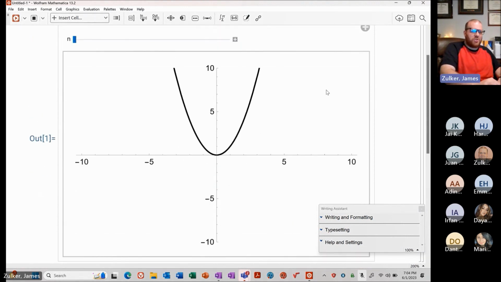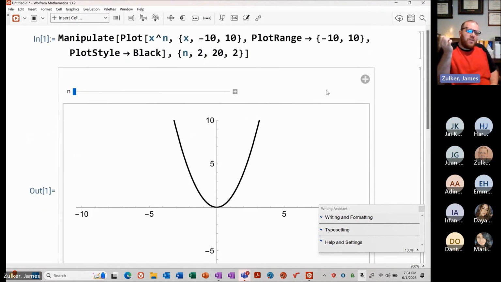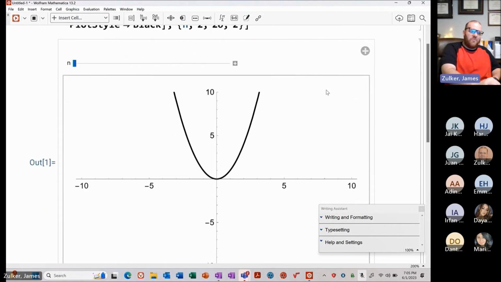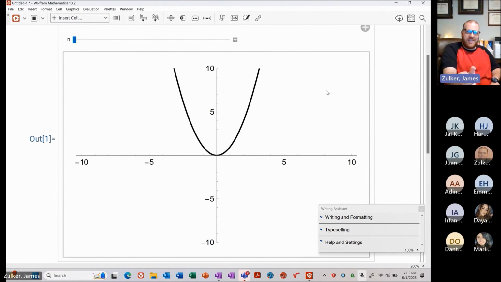So what this is going to do is it's going to give us the graph of every power function from x squared to x to the 20th, but the even ones only, right? So it'll be x squared, x to the 4th, x to the 6th, x to the 8th, and so on and so forth. Right? And I want you to look at how the graph changes as the power increases.